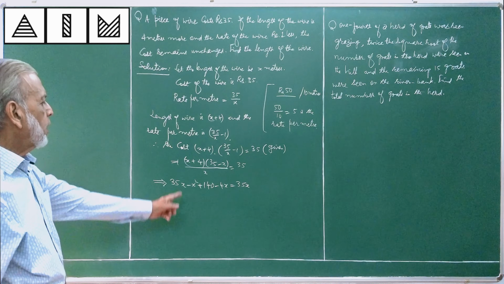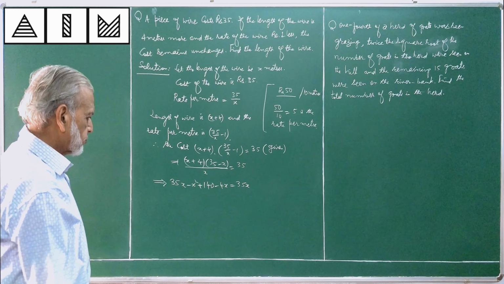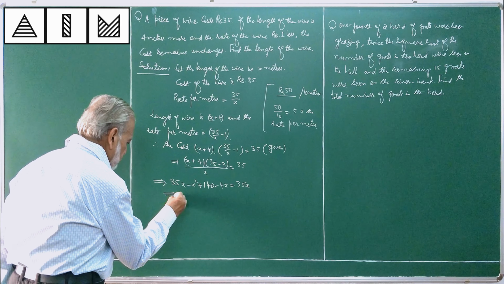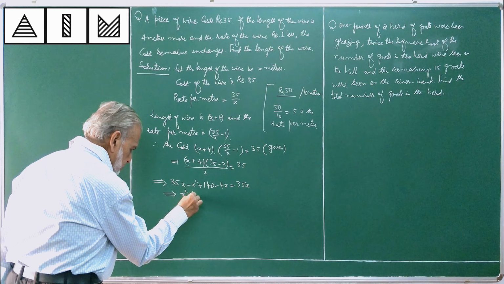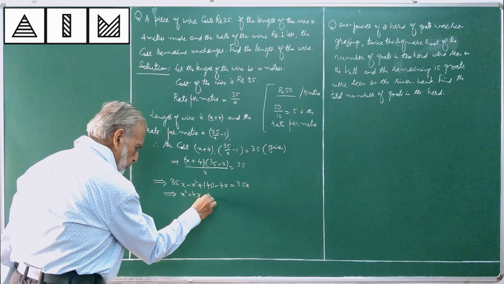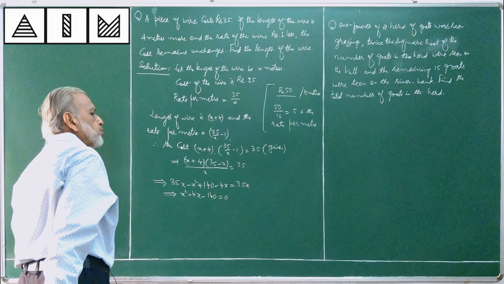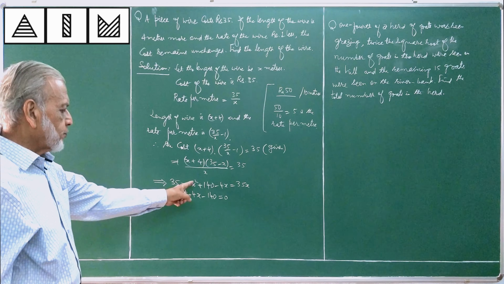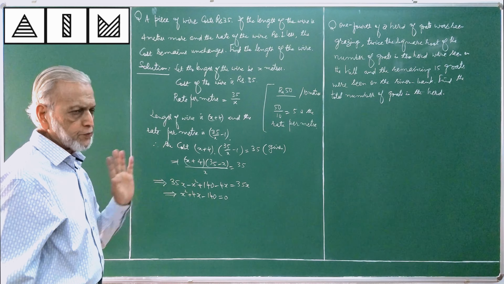Cross multiplication, 35x minus x square plus 140 minus 4x. Rewriting after cancelling 35x, x square plus 4x minus 140 is equal to 0. X square, I have changed the sign, minus 4x, I have changed the sign, 140, I have changed the sign.